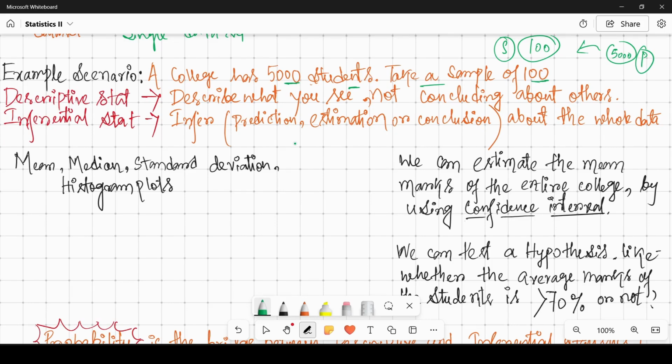Now what will descriptive statistics do? Descriptive statistics will describe what we see, not concluding about the others.